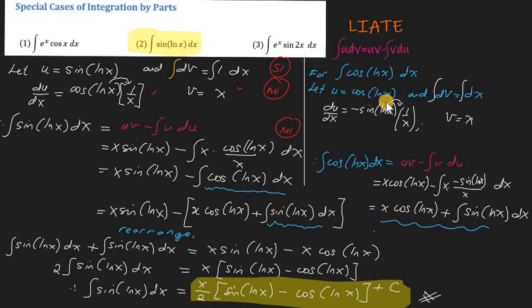And up to this level, we need to repeat the integration by parts, choosing the correct u and dv, integrate, differentiate into the formula of IBP, and then replace the answer for this portion, and we are to rearrange and get to the answer. So in this question we have 9 marks. Okay, that is question number 2.